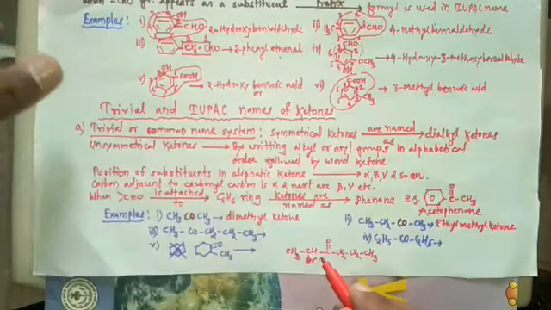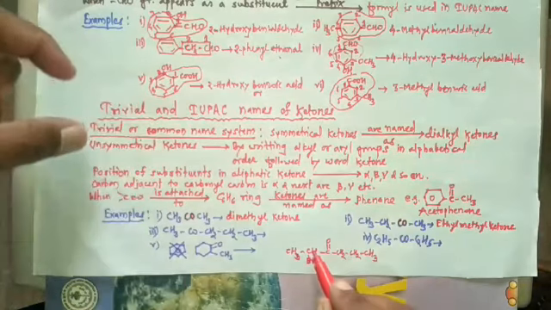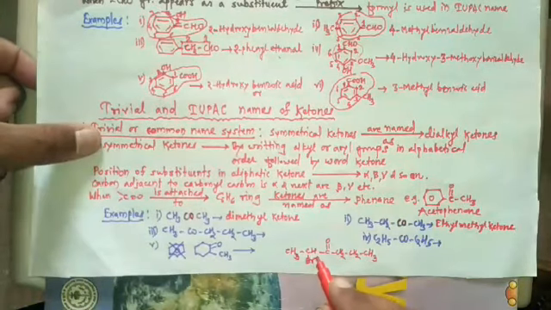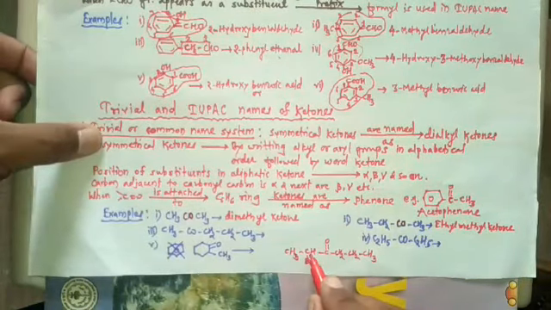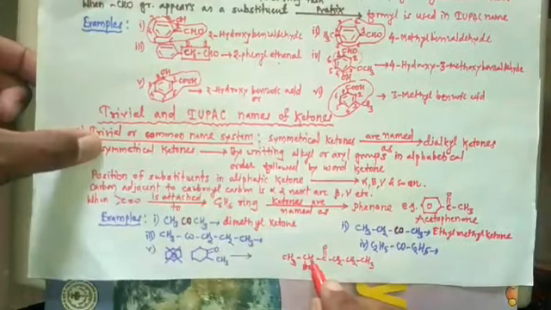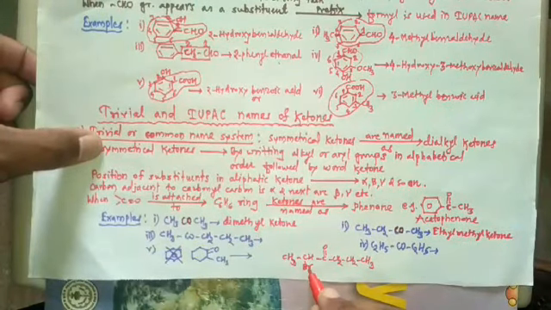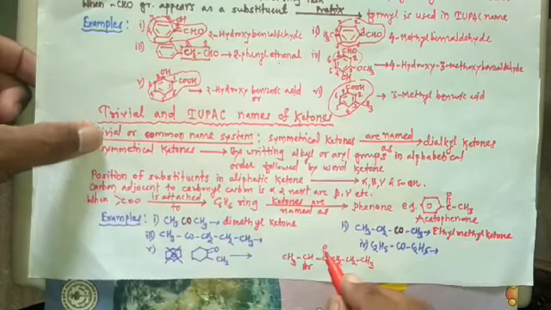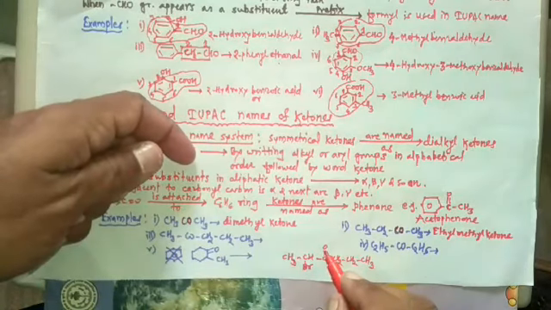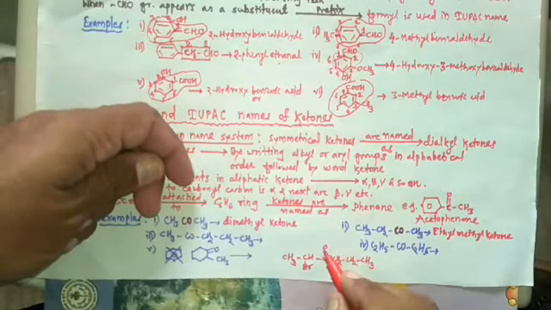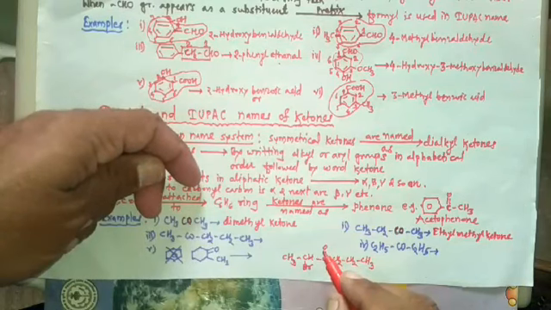So in this ketone, the substituent that is bromine is present on this carbon. To indicate its position, Greek letters like alpha, beta, gamma are used.